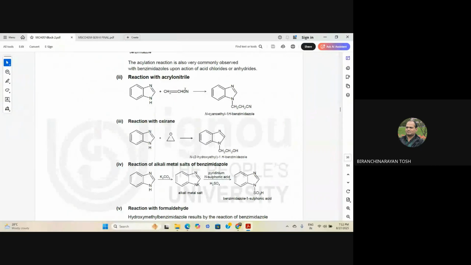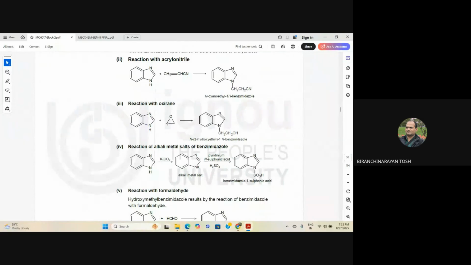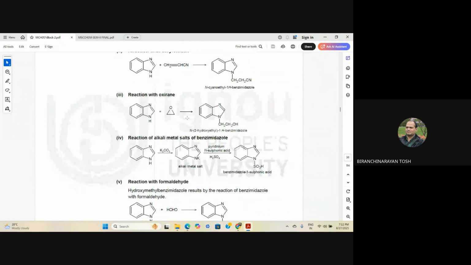Reaction with acrylonitrile: when this takes place, N-cyanoethyl 1H-benzimidazole will be formed. Here CH2CN is attached to the nitrogen. With ethylene oxide, 2-hydroxyethyl 1H-benzimidazole will be formed.